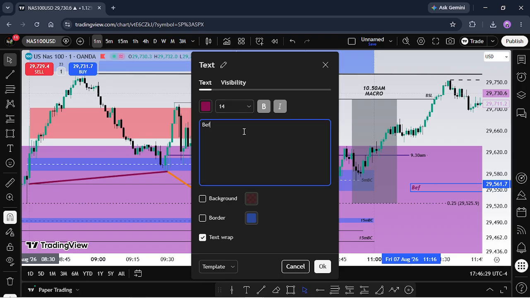Before 9:30, or let's say from 8:30 a.m. to about 9:30 a.m., Nasdaq, which you'll call NQ, was the strongest on the upside.